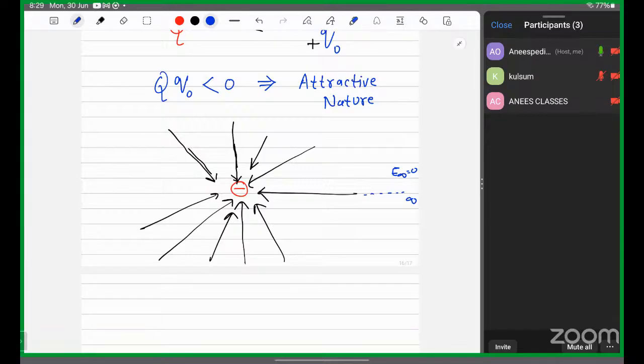So infinity in physics is not the same as infinity in mathematics. Infinity in physics represents a practical point or a practical position with respect to the charge plus Q or minus Q. Are you getting my point? Are you getting it? Yes or no? Okay.